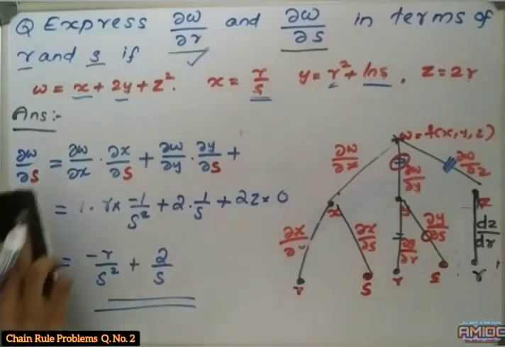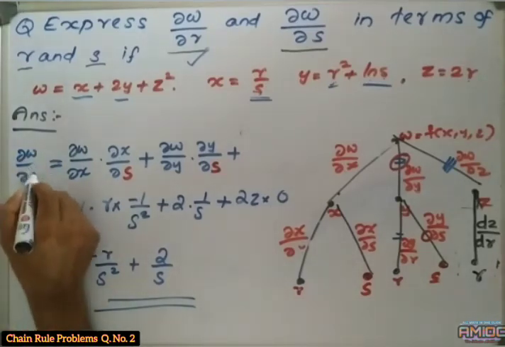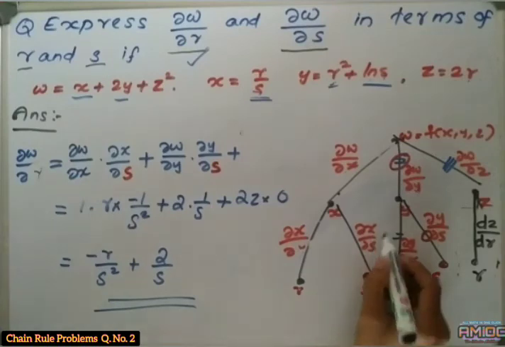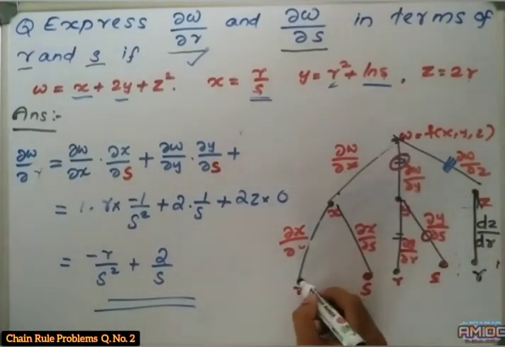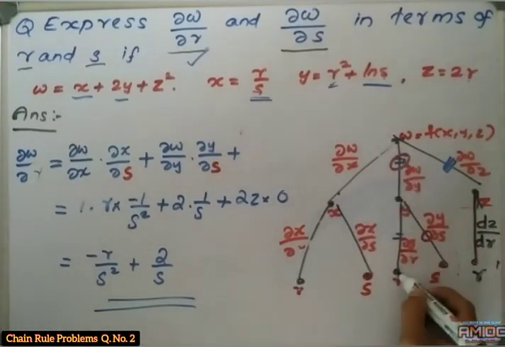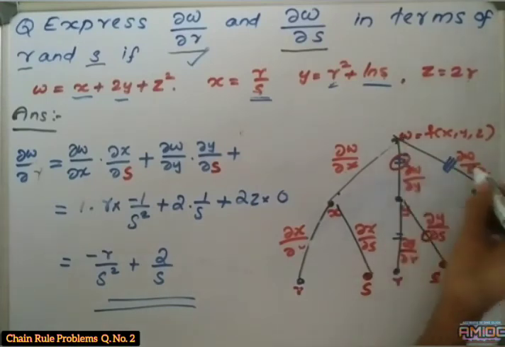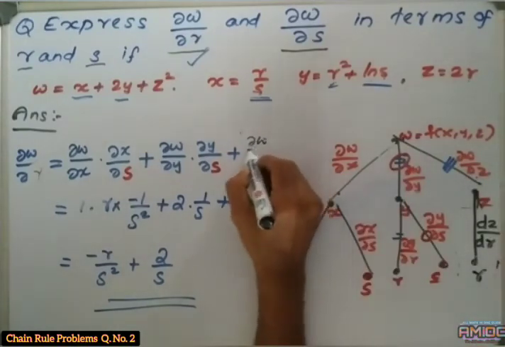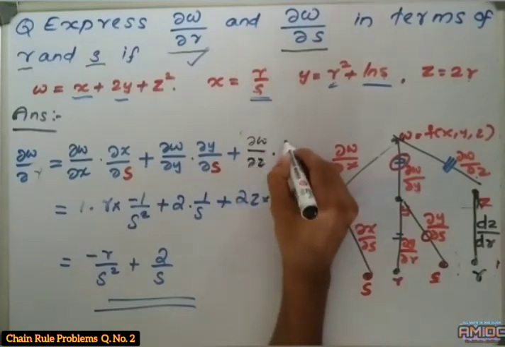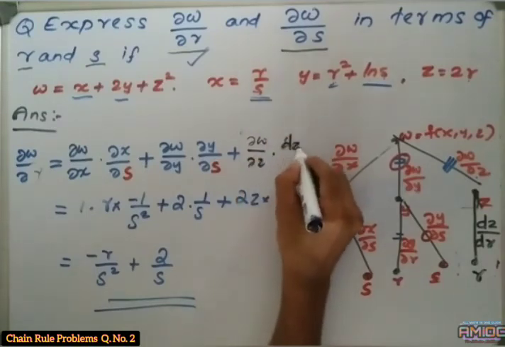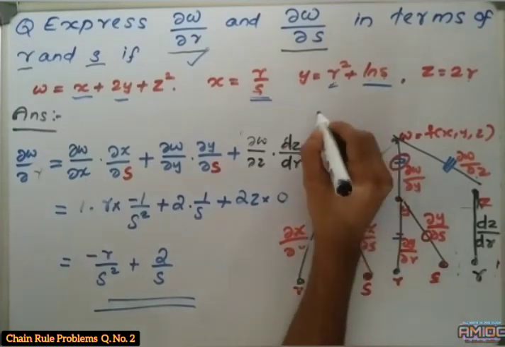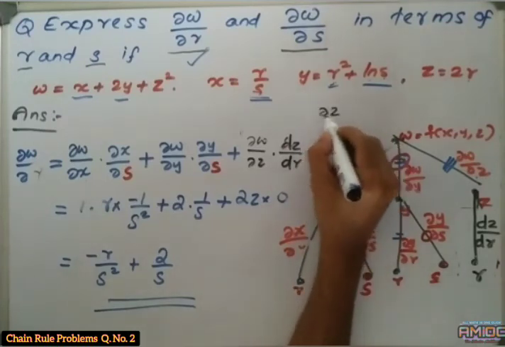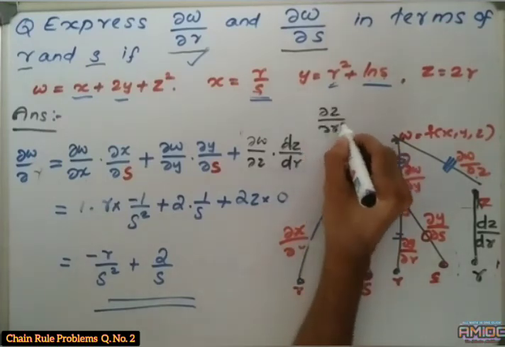In dou w by dou r, there are three paths: composition of these two paths, composition of these two paths, and also the composition of these two paths. Then there will be dou w by dou z into dz by dr. In the previous case we mentioned dou z by dou r.